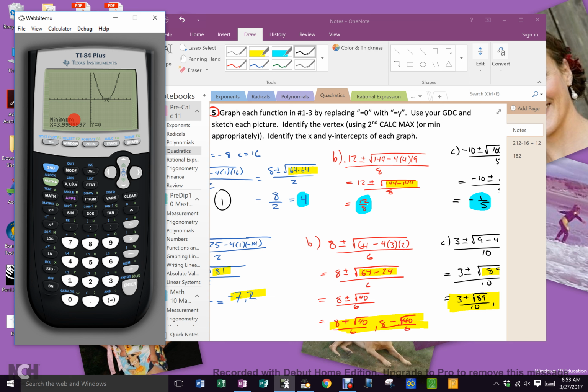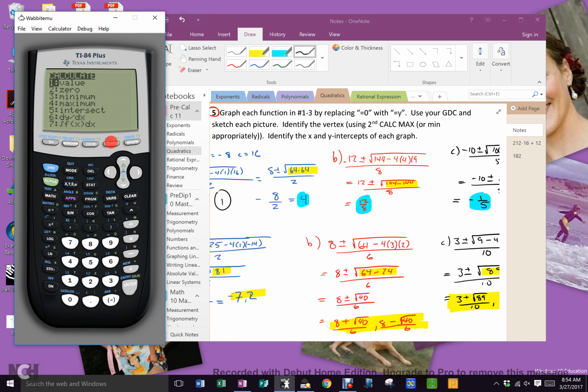Is everybody cool? Was everybody able to find their minimum? And everybody understands why it's a minimum? Okay. Now I also asked for the x and the y intercepts of each graph, yes? Everyone agree? Okay. So I need the x and the y intercepts. So I'm going to go into calc again. Now, which of those do you think will help me find an x and a y intercept?